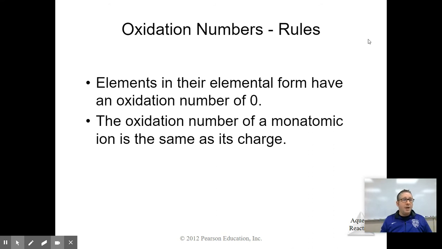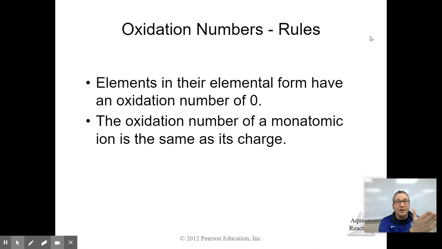Elements in their elemental form have an oxidation number of 0. Like we saw in that example two slides ago with calcium and oxygen, they were in their elemental form, by themselves. Calcium was a solid, oxygen was a gas. That is how you find them in nature. So they would have an oxidation number of 0.